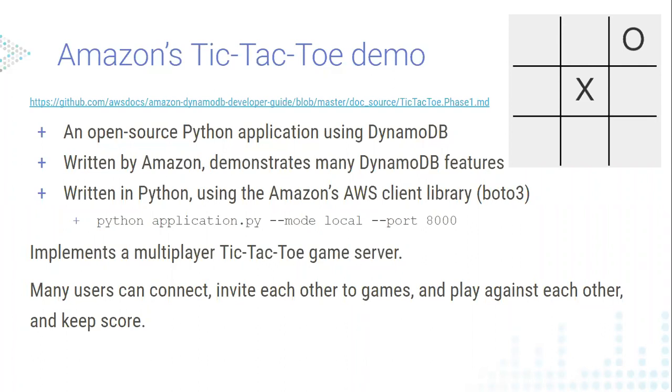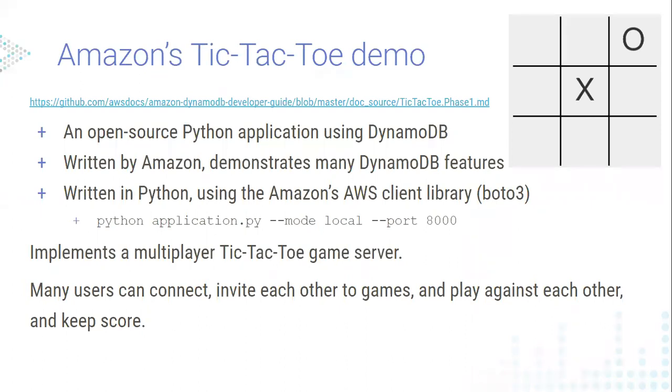It runs a web server that lets many users connect to it and then invite each other to play games against each other. And of course it has to keep the state of each game and whose turn it is, and it has to do a lot of interesting things in the database. It uses a lot of DynamoDB's features.